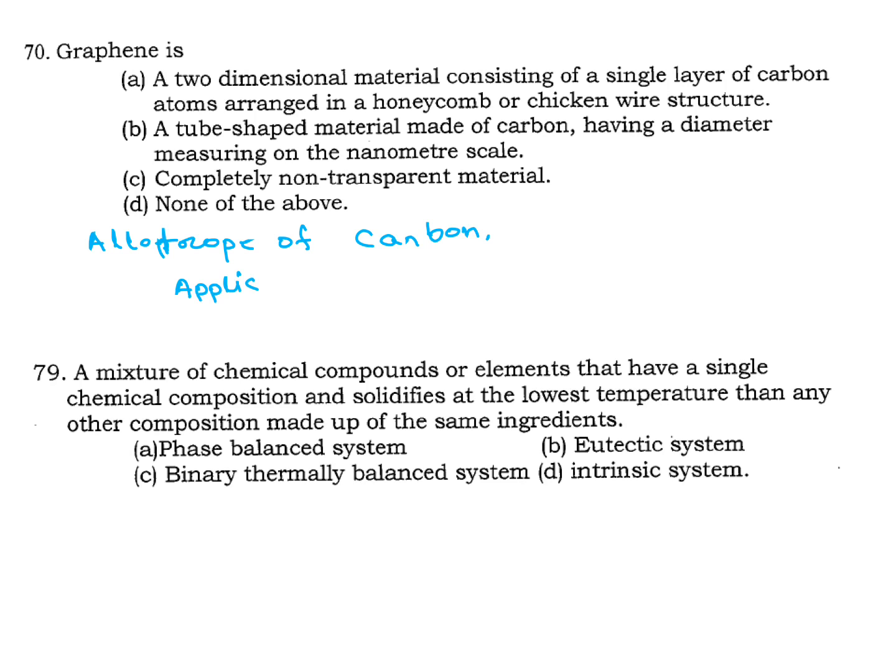Its applications are very important: solar cells, LEDs, and touch panels. The touch panels in our smartphones and smart TVs use this graphene. So its answer is a two-dimensional material consisting of a single layer of carbon atoms arranged in a honeycomb or chicken wire structure. A is the answer.